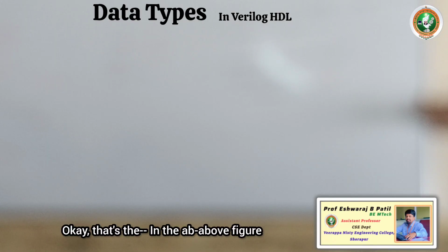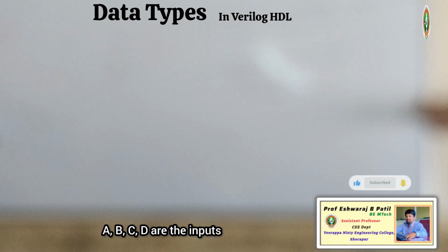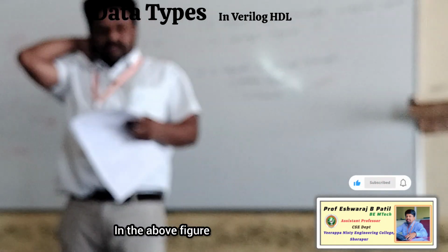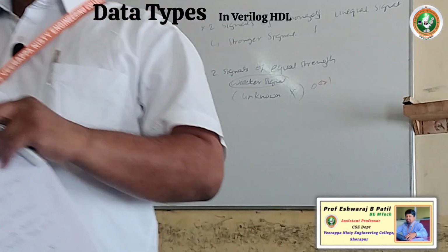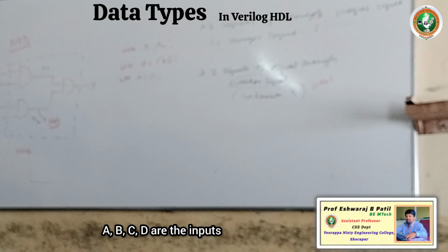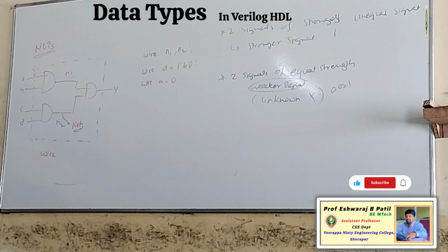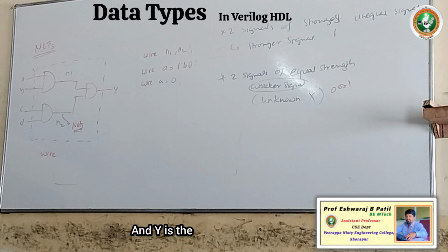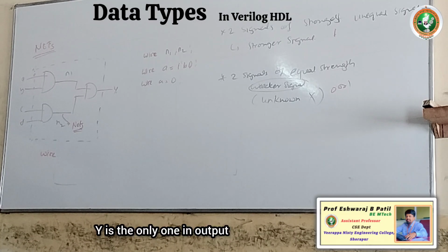Take the heading. In the above figure, A, B, C, D are the inputs, and Y is the only one output.